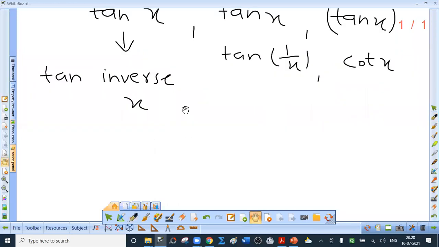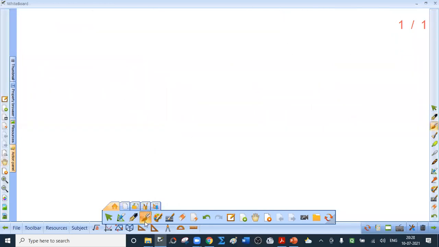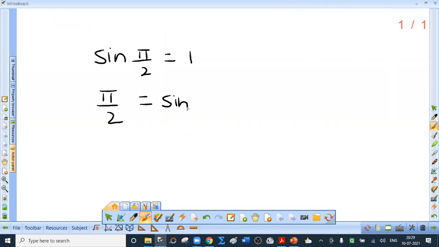I'll give you a specific example for inverse. What is sine 90 degree? Sine pi by 2? It is 1. So if I ask you, what is pi by 2? Your answer should be sine inverse 1. What is cos pi? Minus 1. Pi means 180.